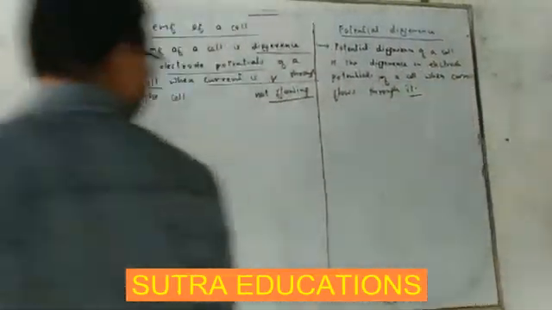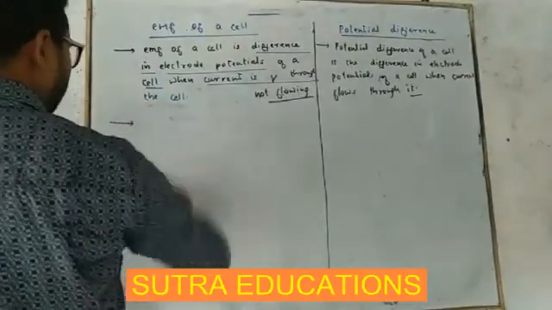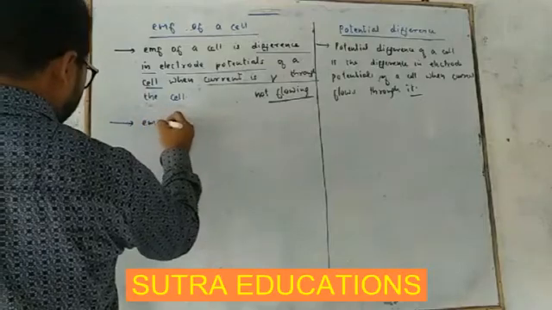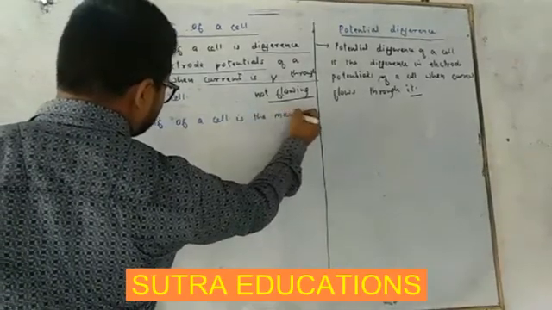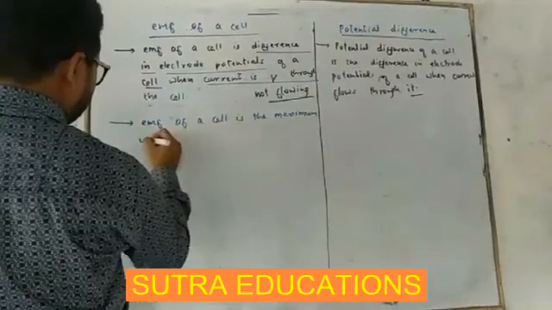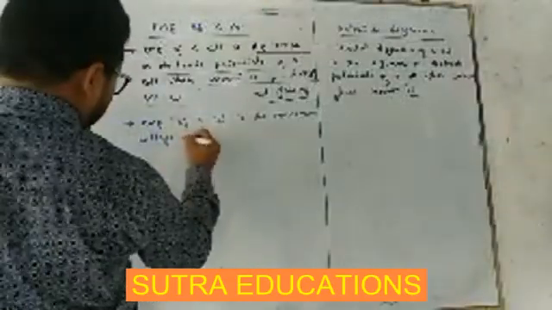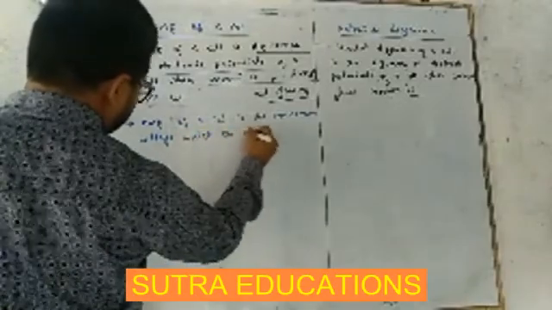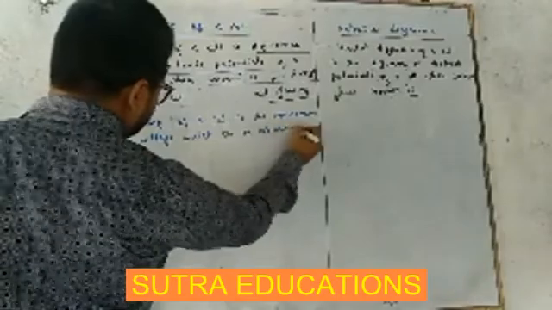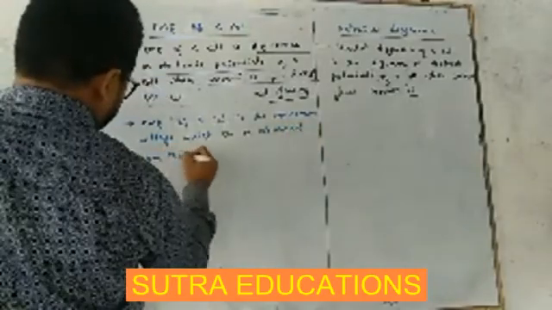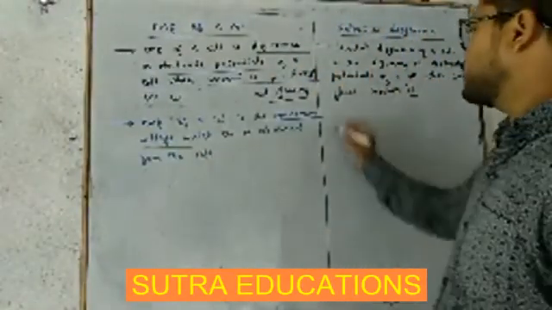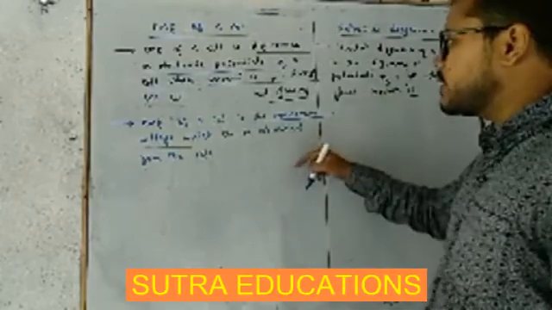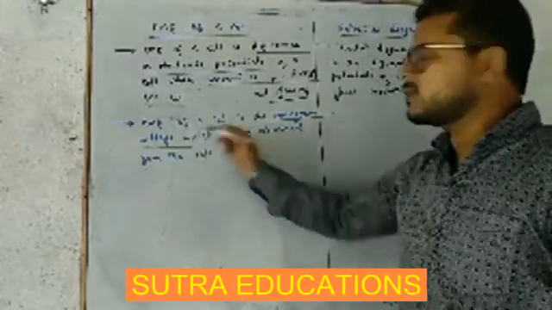Second point, EMF of a cell is the maximum voltage which can be obtained from the cell, while potential difference is always less than the maximum voltage of the cell.